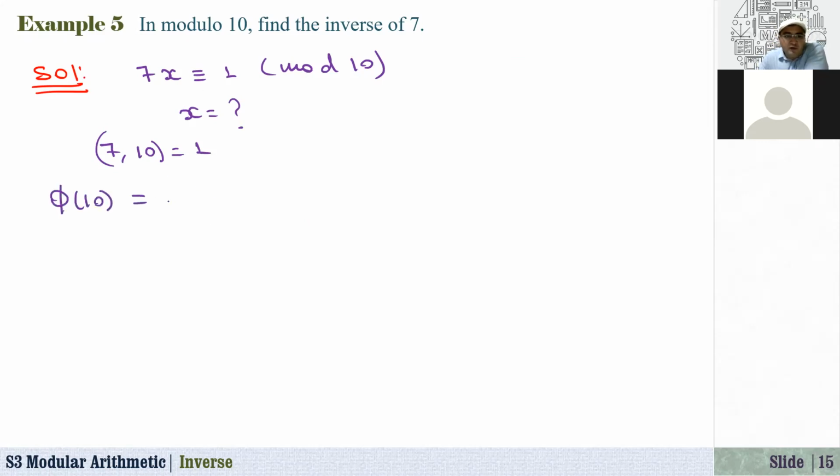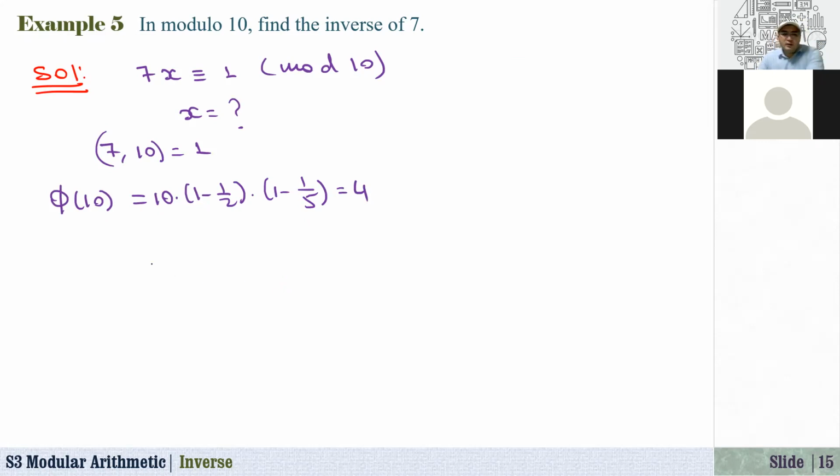Now from here, I'm going to find this phi of 10. What is phi of 10? We have already found this. That's equal to 4, because that is 10 times 1 minus 1 over 2 times 1 minus 1 over 5. That's equal to 4.